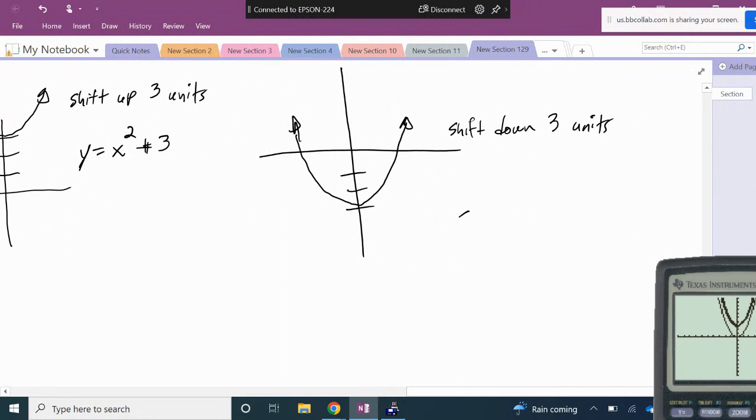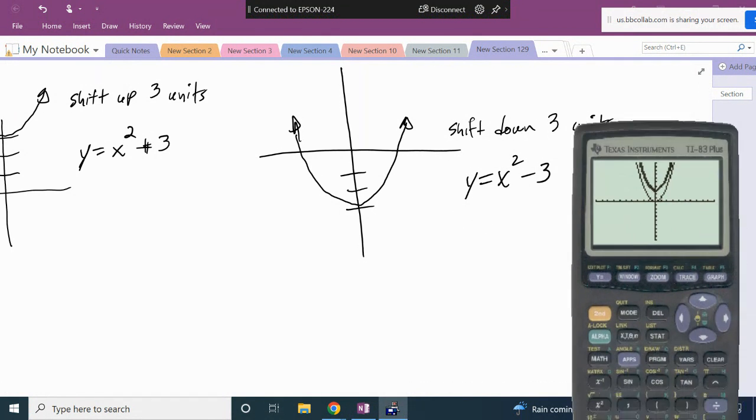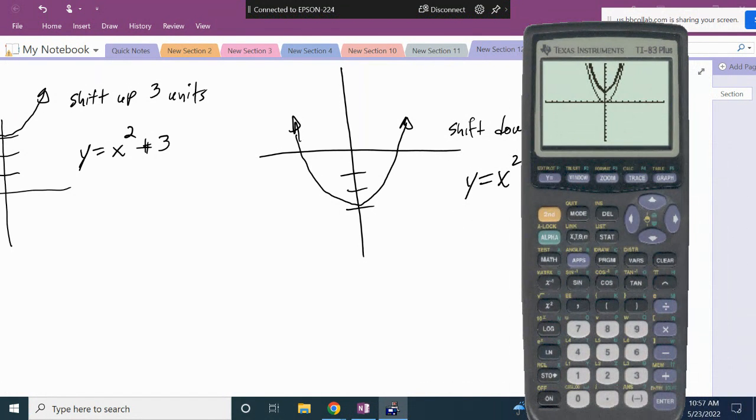So what would be the equation for this graph? Well, since we're simply shifting it down 3 units, we would take our function f of x, which is x squared, and we would subtract 3. So to shift something up, you just add the number of units you want it shifted up. To shift it down, you would simply subtract.